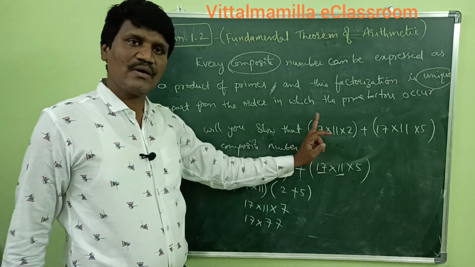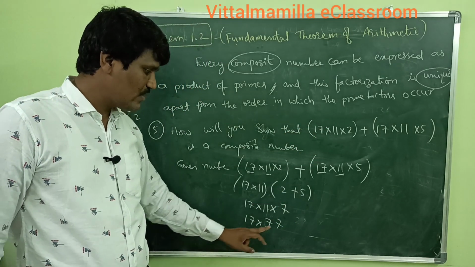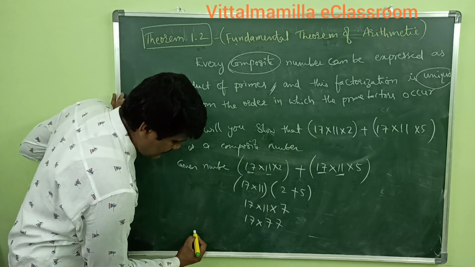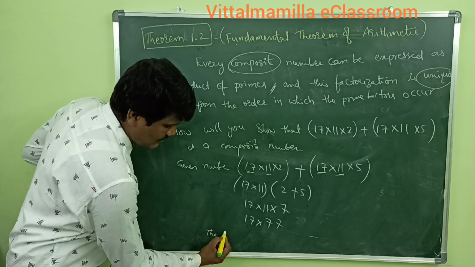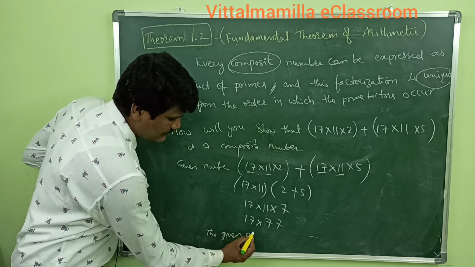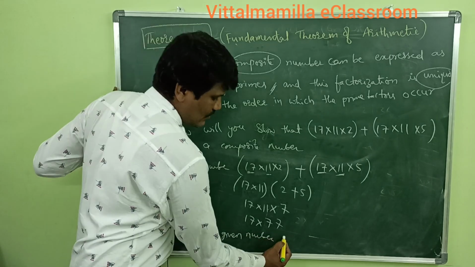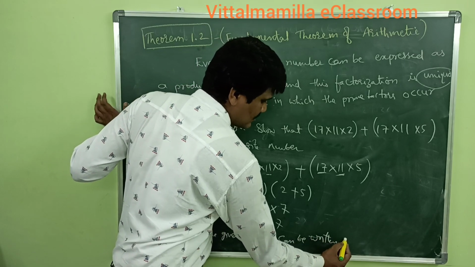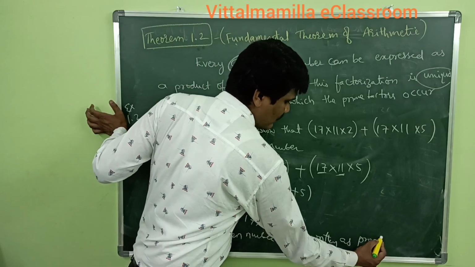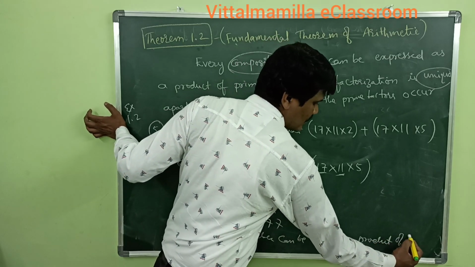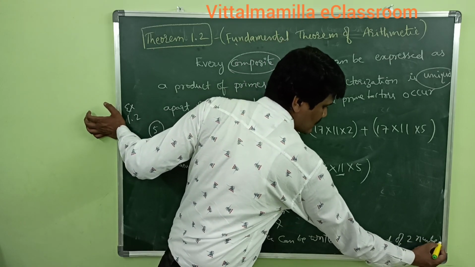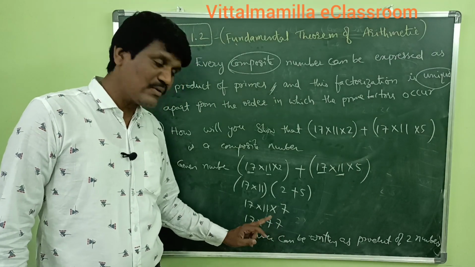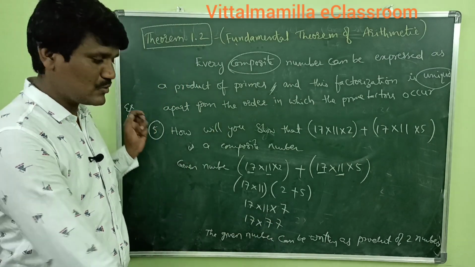So the given number is written in the form of a product of two numbers. If any number is a product of two numbers, that number is definitely a composite number.